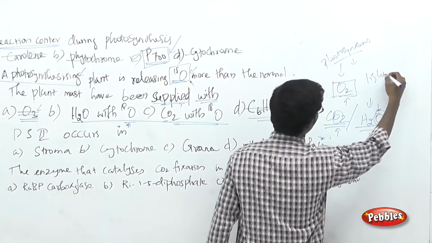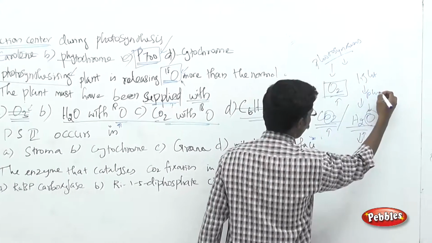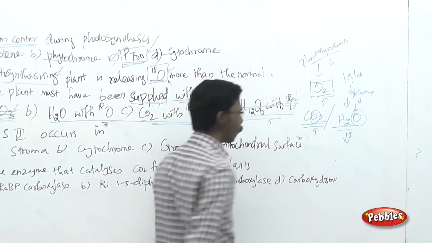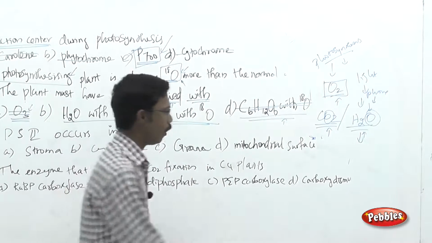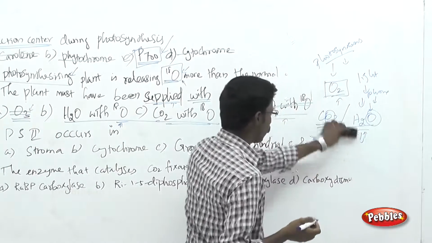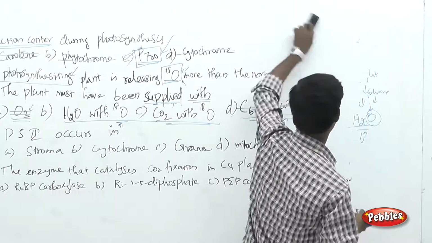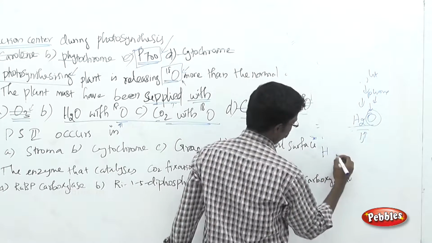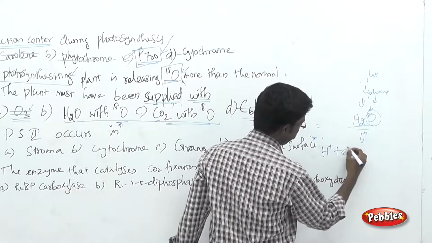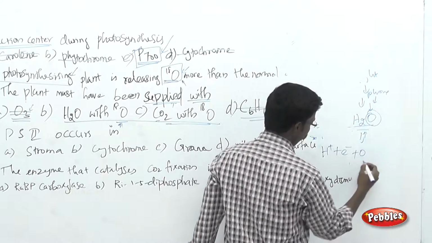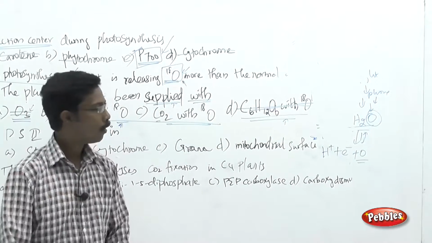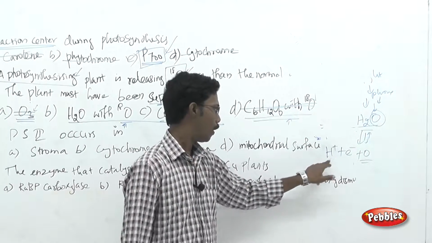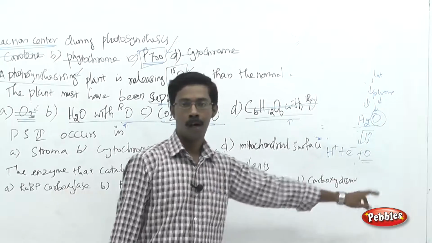So as I told you, the light releases photons, the excitation of photons causes the excitation of molecules, and they release the electrons. Okay. The water will be split into atoms. Okay. H plus protons plus electrons plus oxygen. Okay. These are all the products from the water splitting. Okay. Splitting of water leads to protons plus electrons plus oxygen.